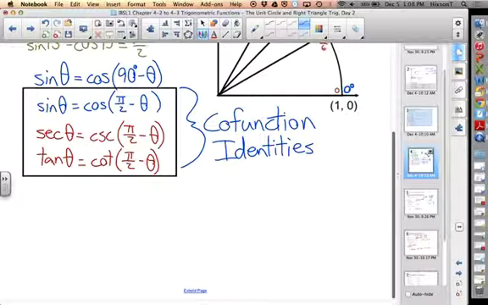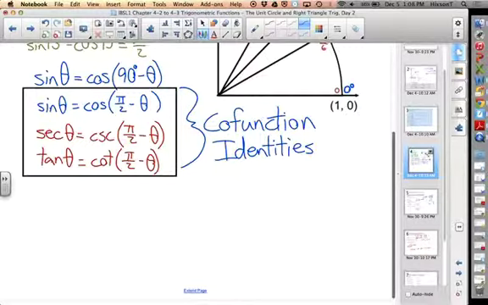I understand why pi equals 180, but when plugging equations into the calculator, pi would plug in as 3.14. How does that work?